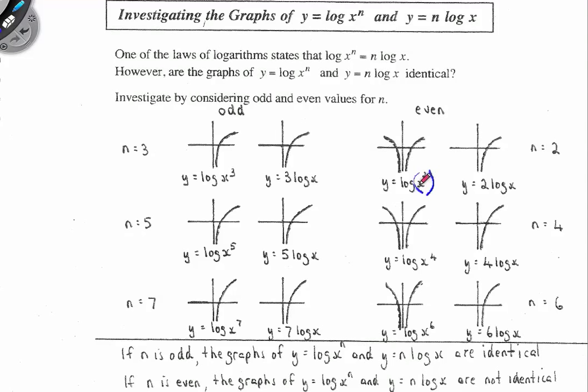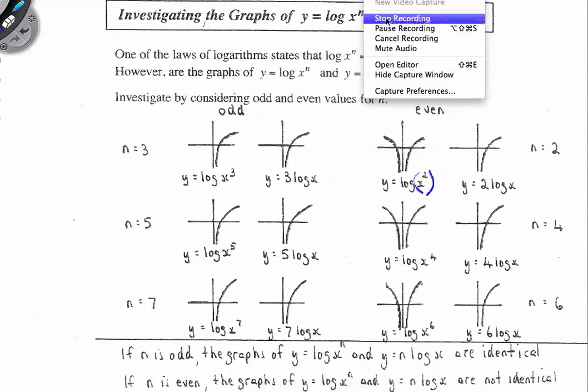If it's negative, when we square it, it becomes positive. In other words, if it's negative 3, it becomes positive 9, or if it's positive 3, it still becomes positive 9. And because of that, we get two parts, or mirror images, to our graph. If you do a table of values, you'll see that this is the case, or just do it on your calculator. So the graphs are not identical. Interesting.